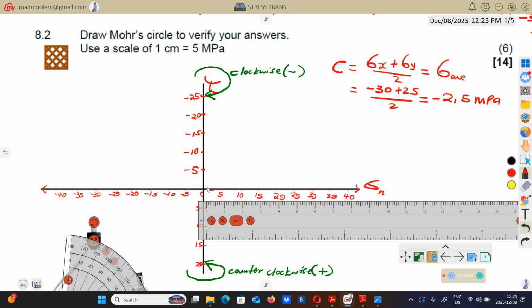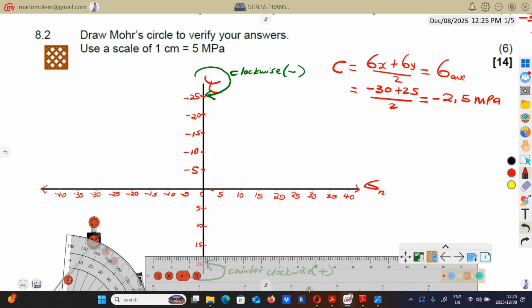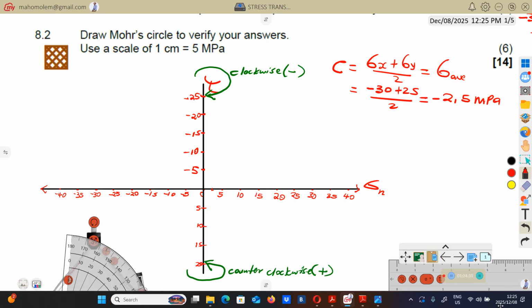Right, so that will be the center of our cycle. Now let's mark our normal stresses.